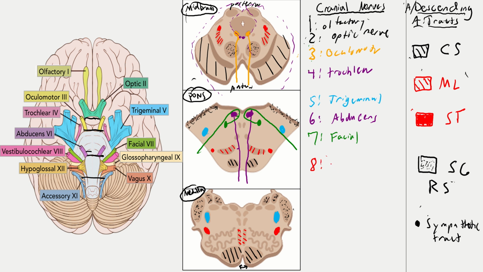Next, we're going to have cranial nerve 8. Test yourself, which one is this? This is vestibulocochlear. So vestibular system, if you mess this up, you can get vertigo. It can also give you difficulty walking, as the vestibular system is a bit of your internal gyroscope.